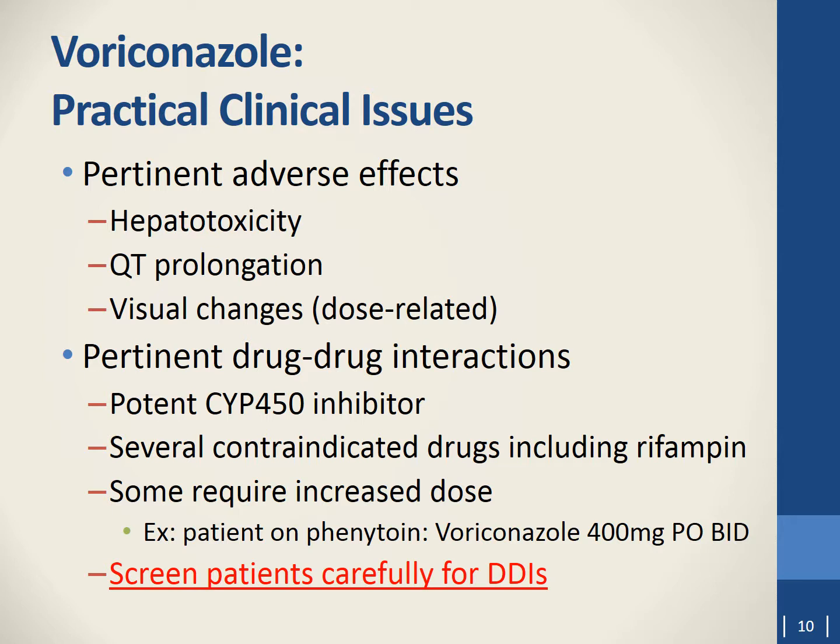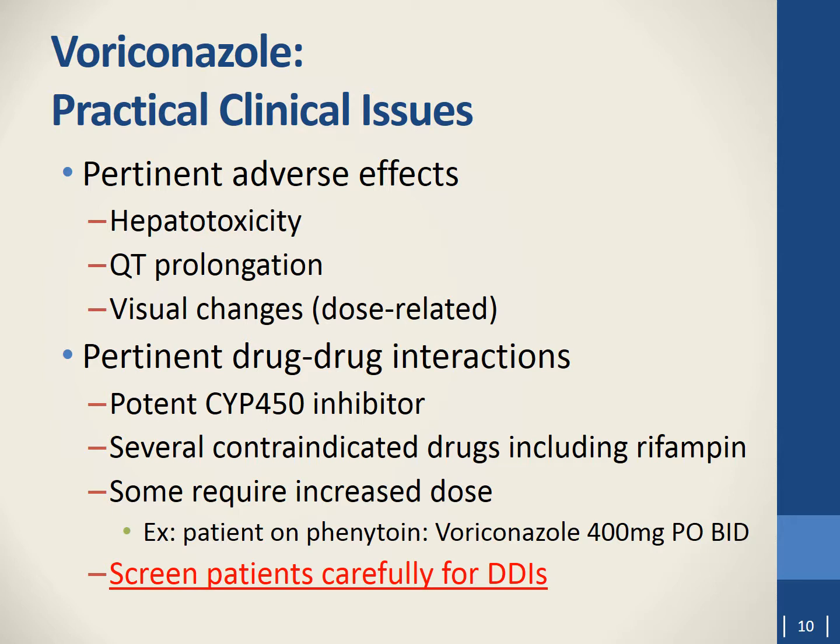In terms of pertinent drug interactions, again, this is a very potent CYP450 enzyme system inhibitor. If you look at the prescribing information, there's a whole list of contraindicated drugs. I won't hold you accountable for memorizing those, but rifampin is one that's worth noting. And the prescribing information actually has information on how to dose adjust on the front side for patients on certain other medications.